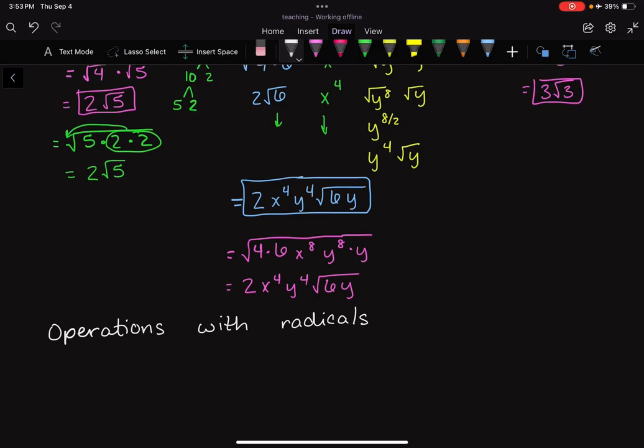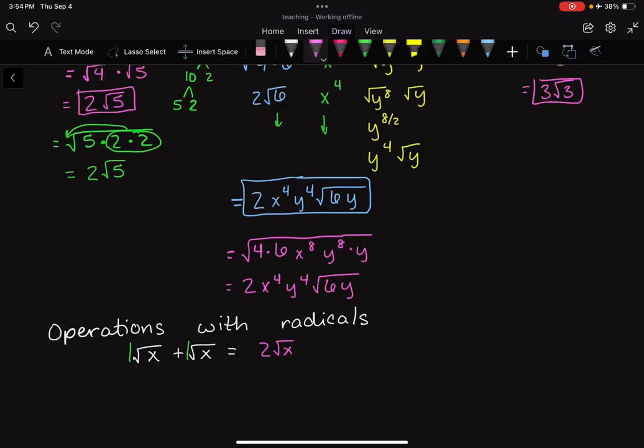If you want to add radicals together or subtract them, they have to be like terms. So for instance, square root of x plus square root of x can add together. There's invisible ones out here, so this would be 2 square root of x. You can add stuff together if they're the same inside the root.